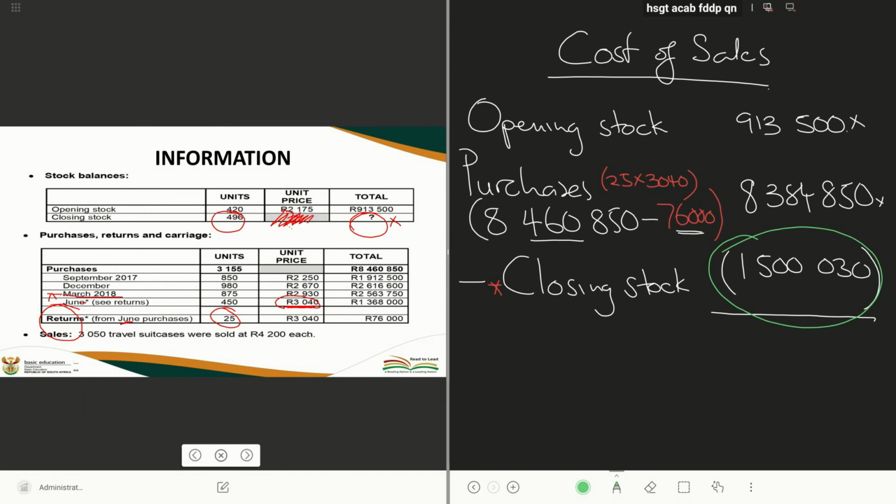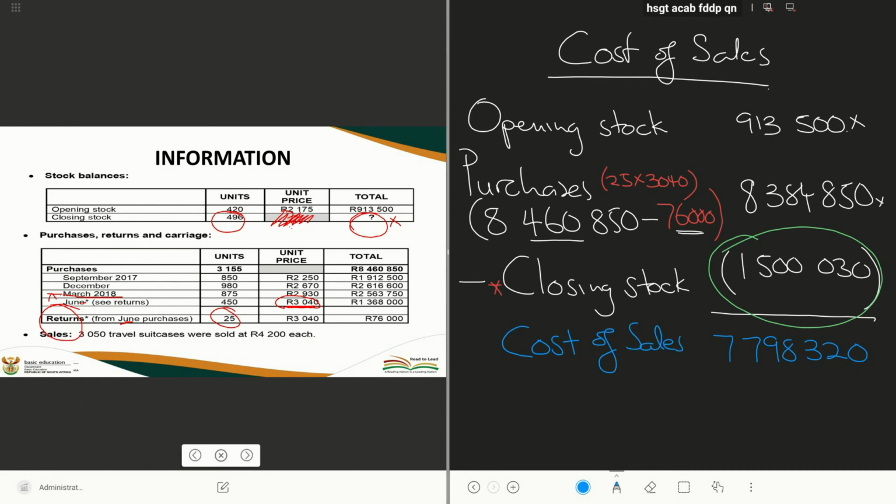Then you come and say minus 1,500,030. Then what you get, which is 7 million, is an amount of 7,798,320. This becomes what is known as your cost of sales.